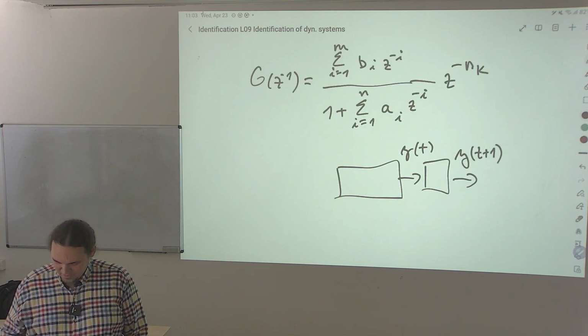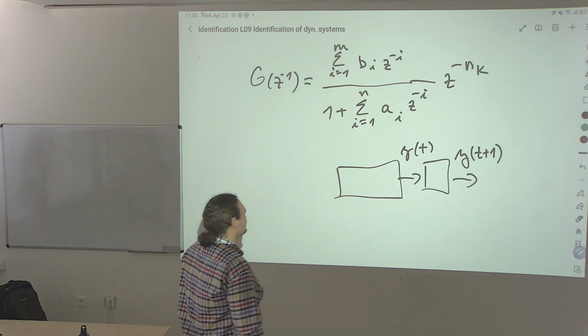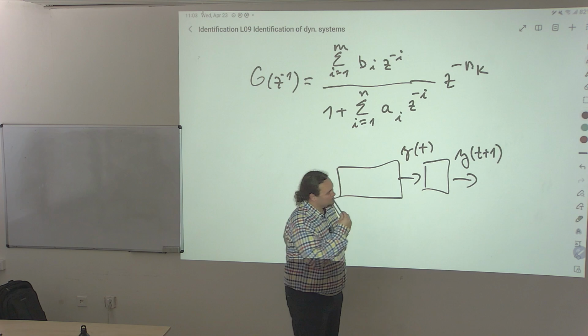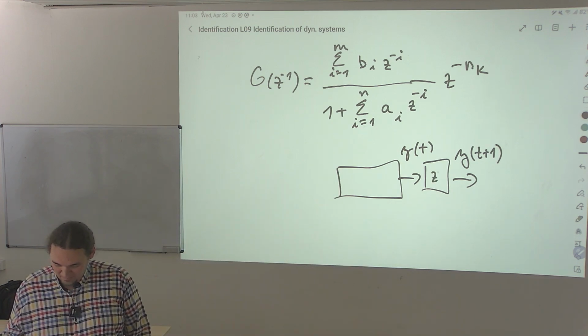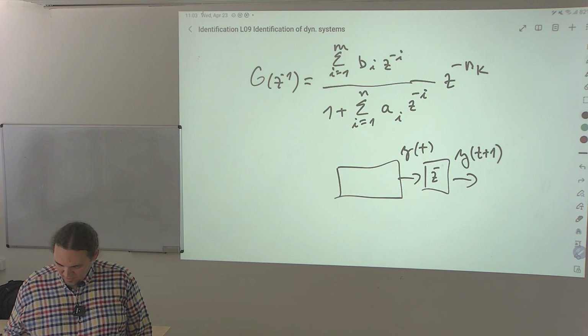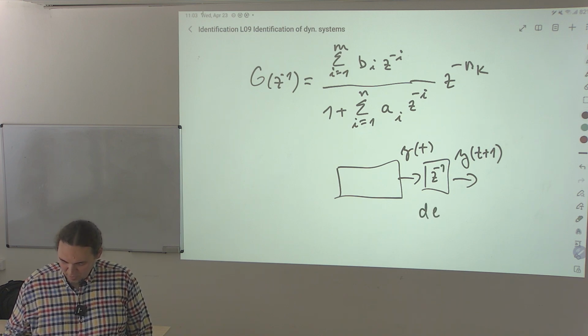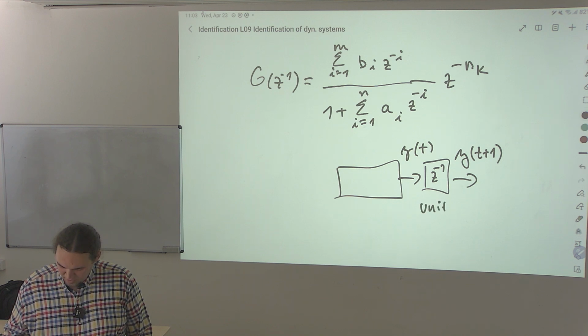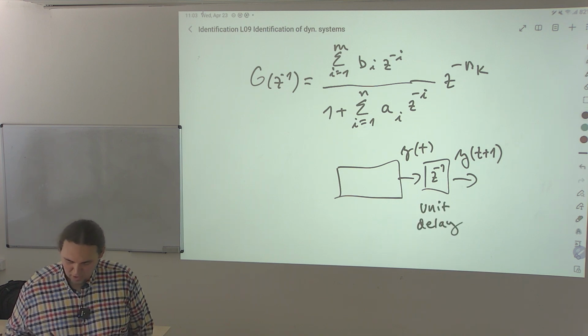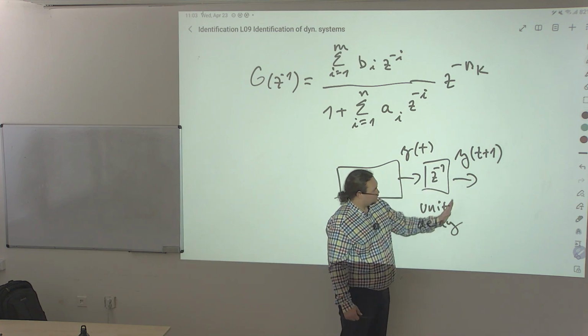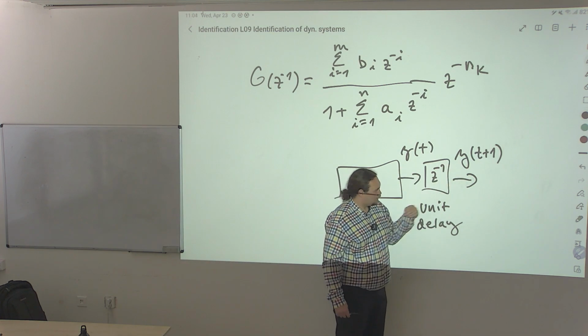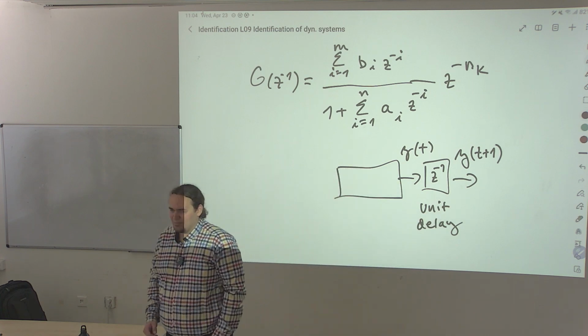Mm-hmm. Yes. And what is the sign here? Exactly. This is just introducing unit delay. Yeah, so that current output is going to be the output at the next step in time.